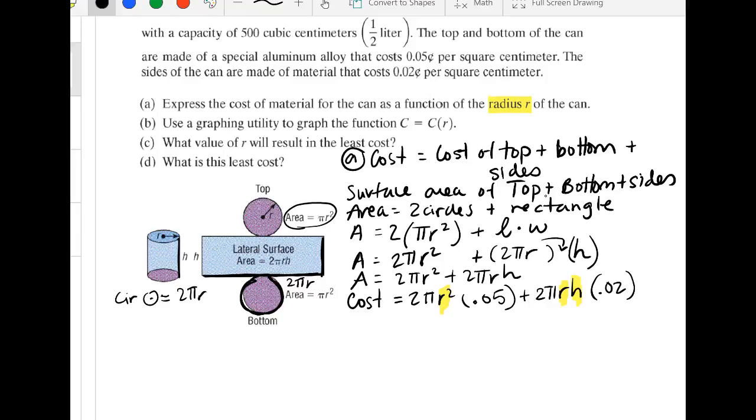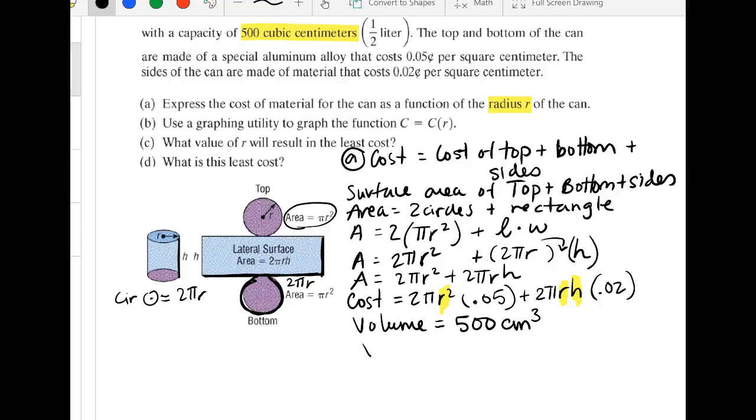So I need to get rid of h, substitute h. And how do I do that? Well, you are given a volume. See this right here? Oops, I shouldn't cross it out, my bad. Let me erase. I meant to highlight it, okay? It's giving you a volume of 500 cubic centimeters. What that means is volume equals 500 cubic centimeters.